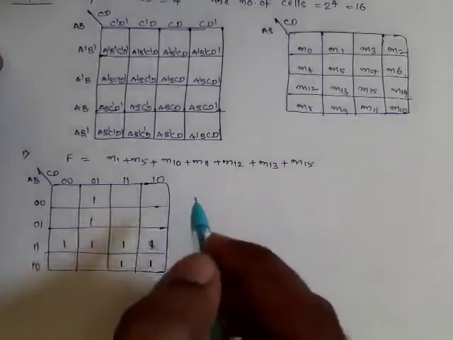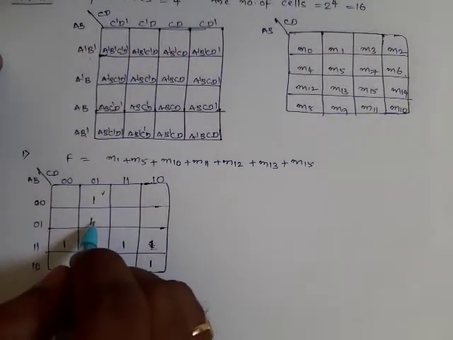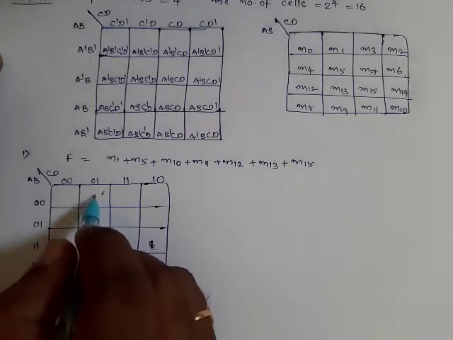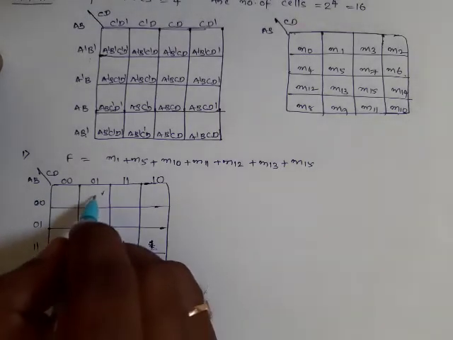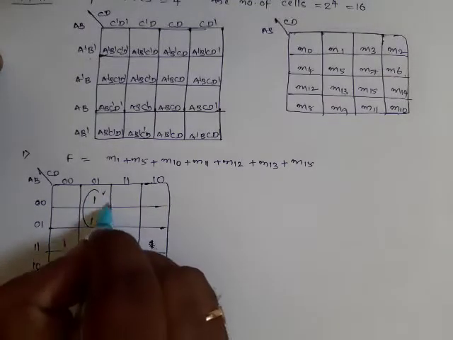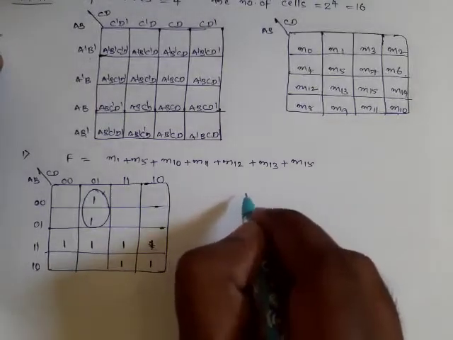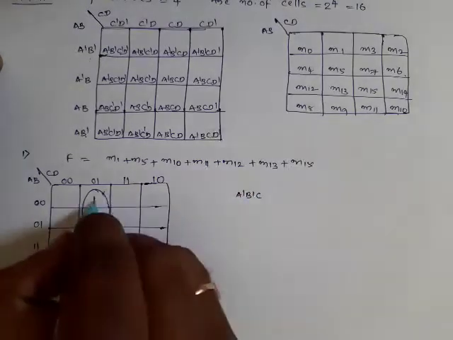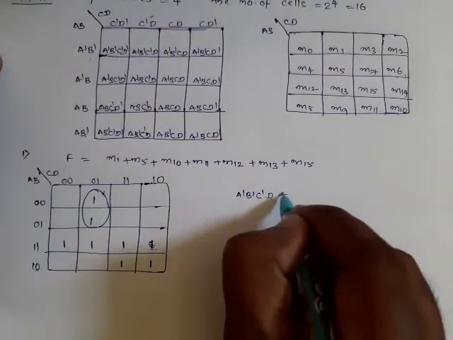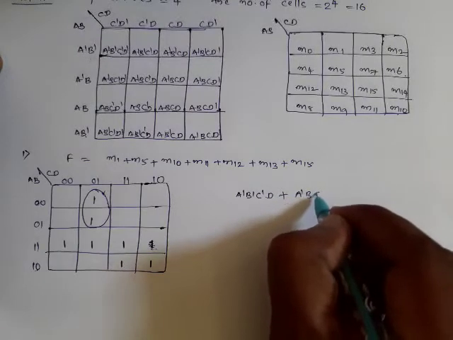So we have such one here. So this is the one which is adjacent to only this one, and when you want to form a group to include this one, so there are 3 ones, but you cannot form a group of 3, so you can form only group of these 2 ones. So when you form group of these 2 ones, this minterm is a bar b bar c bar d, combined with this minterm is a bar b c bar d.